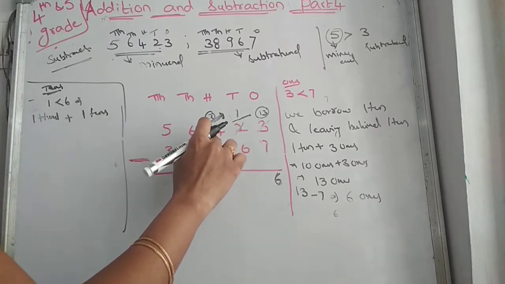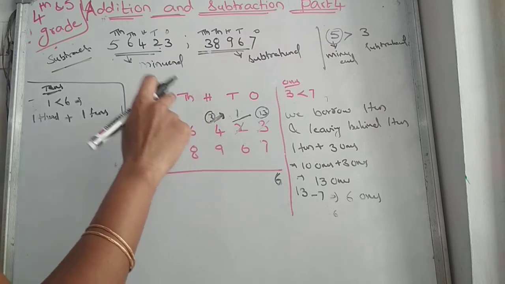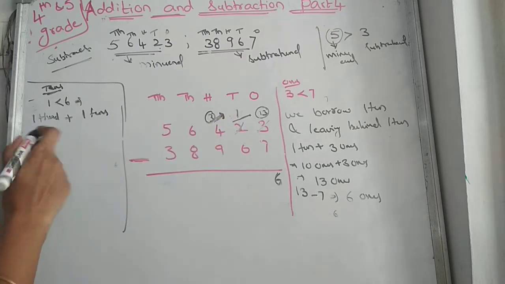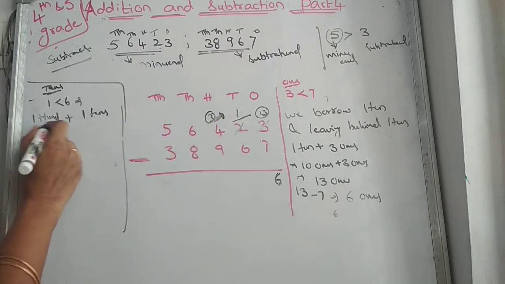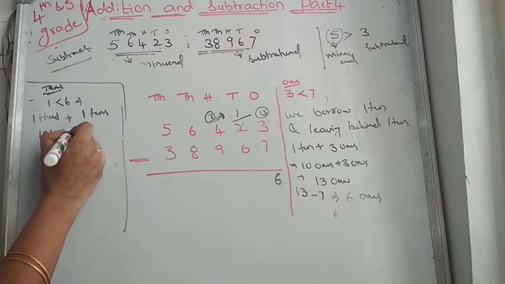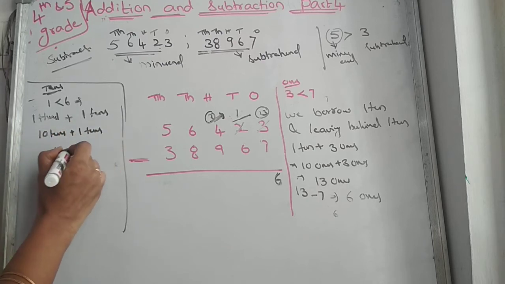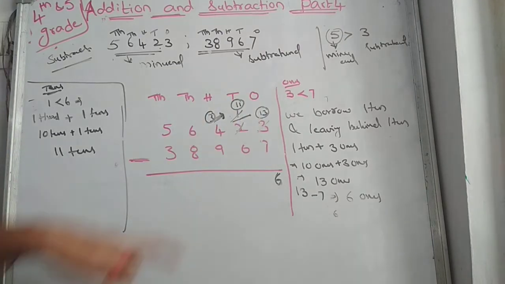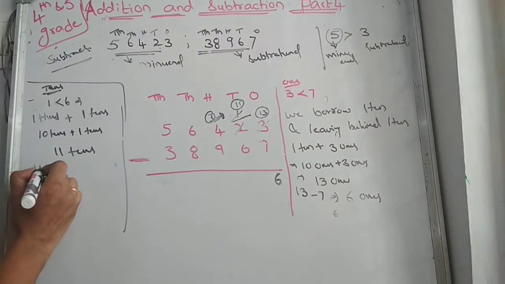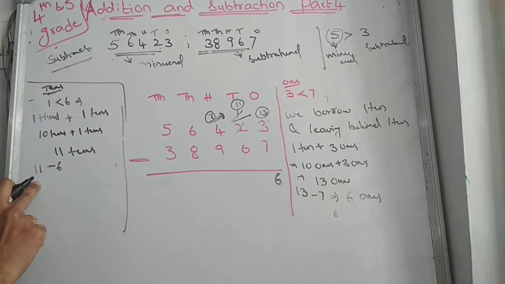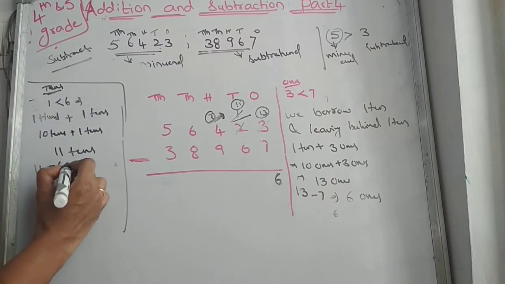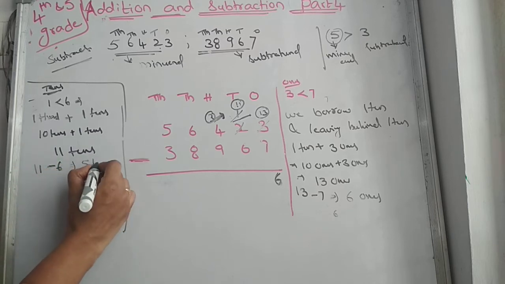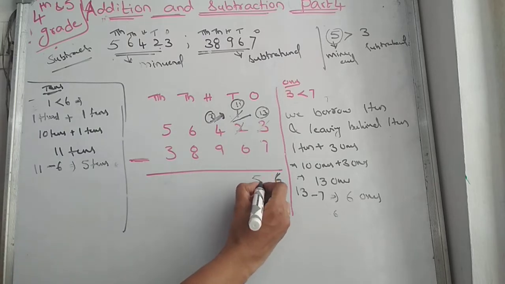So 100 decreases here. 100 means how many tens? 10 tens plus 1 ten, so in total 11 tens. That's why 11 is coming here. Okay, 11 minus 6. 11 is a big number, 6 is a small number, so 11 minus 6 equals 5 tens. Write down 5 tens here.